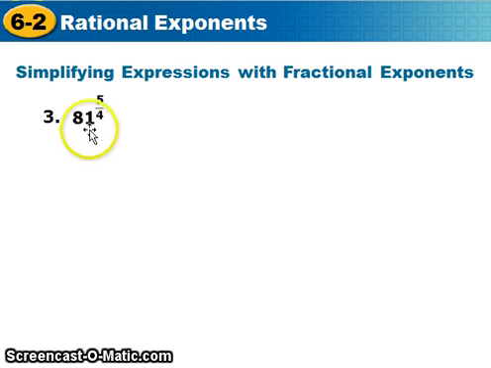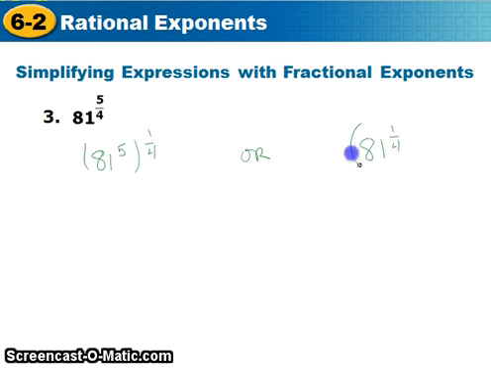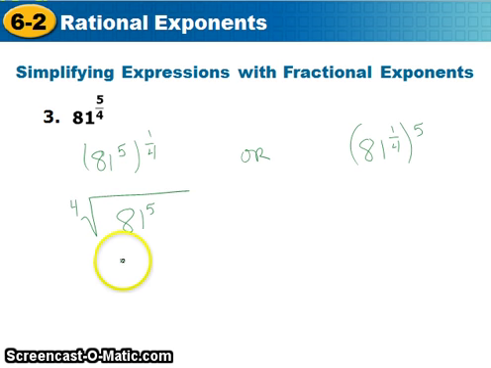Now I can use this idea to simplify 81 to the 5/4. My choices are 81 to the 5th raised to the 4th power, or 81 to the 1/4 raised to the 5th power. So this is the 4th root of 81 to the 5th, which is going to be a really, really big number.